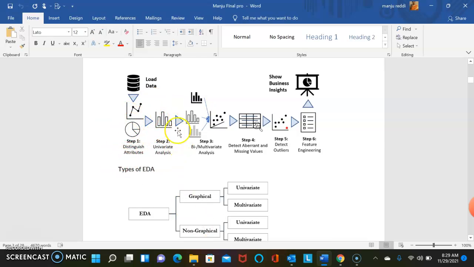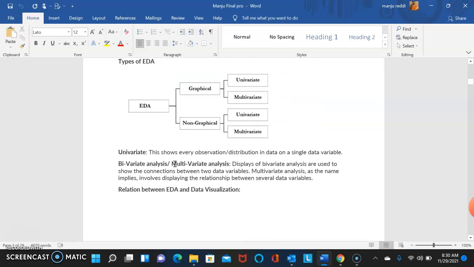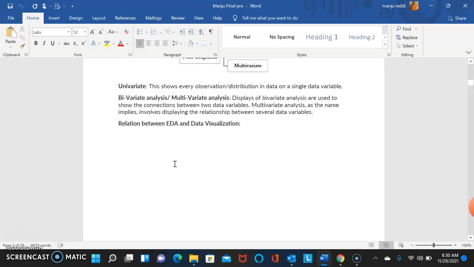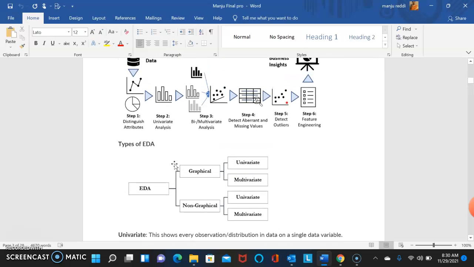We should dump a load of data into software which we use regularly, so that we can get different types of analysis: univariate analysis, bivariate analysis, and multivariate analysis, in the EDA.